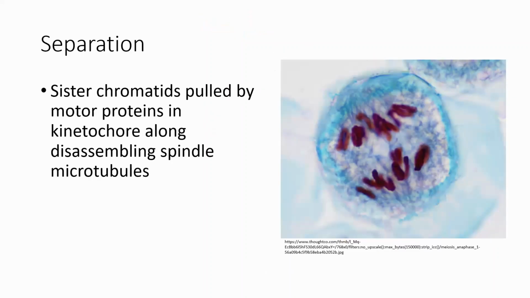And then there's separation. So here you see a microscope image of a cell in anaphase. What you may not be able to see as clearly is that chromosomes or chromatids are actually getting pulled towards opposite poles of the cell.